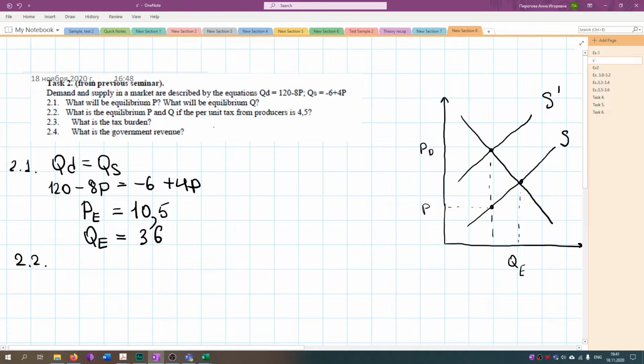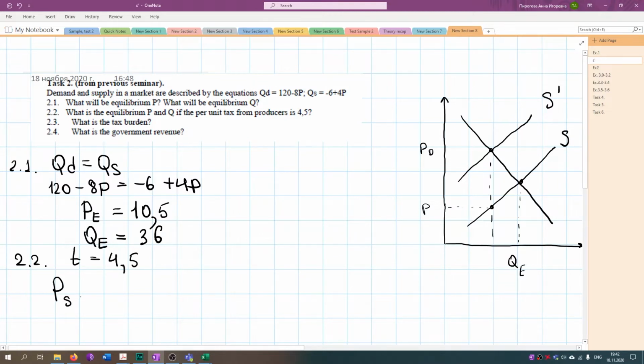We need to find equilibrium P and Q if the per unit tax from producers is 4.5. So T means tax is equal to 4.5, and we write an equation.